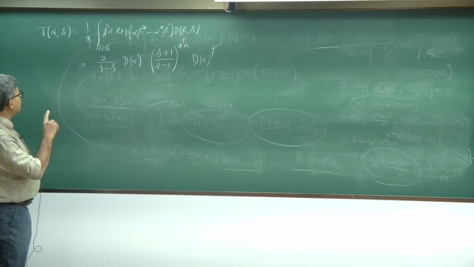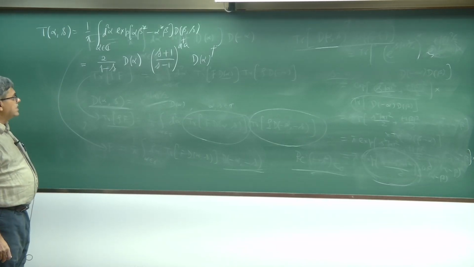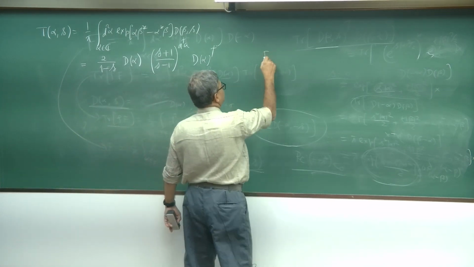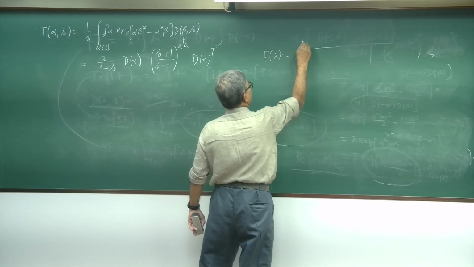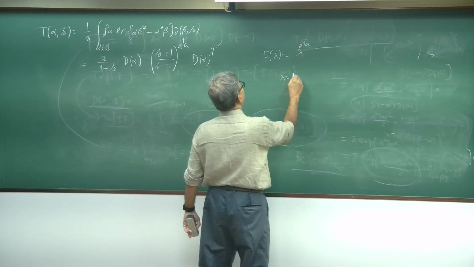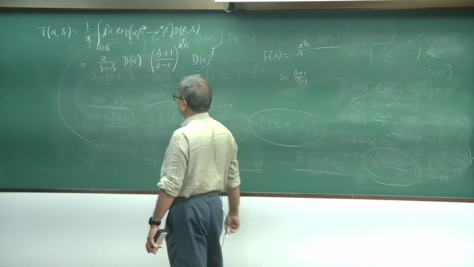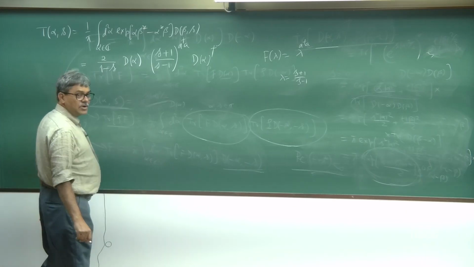I think this is what we discussed some time back, by associating with this operator f lambda equal to lambda to the power a dagger a. In this case, I think lambda is equal to s plus 1 by s minus 1, something like that. Right, this is your displacement operator.